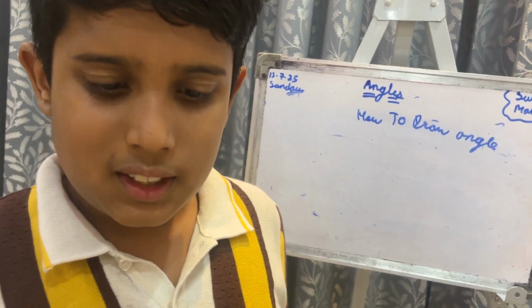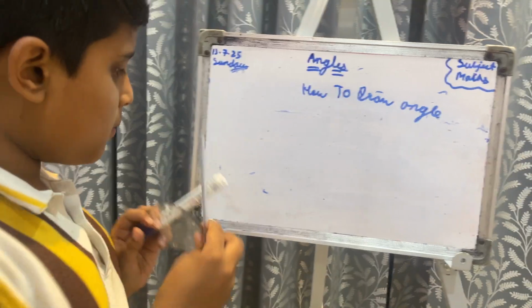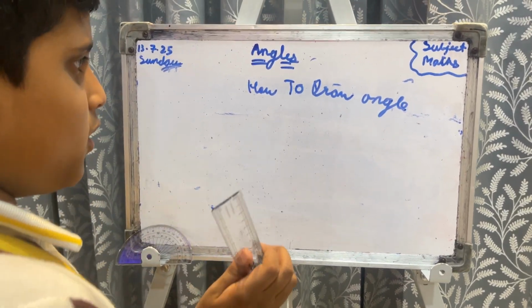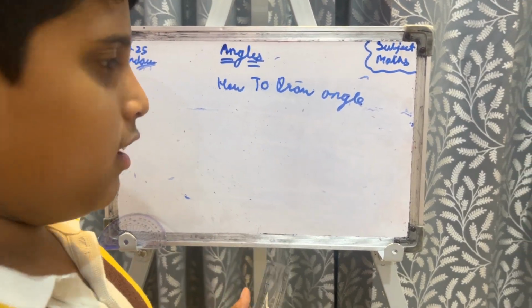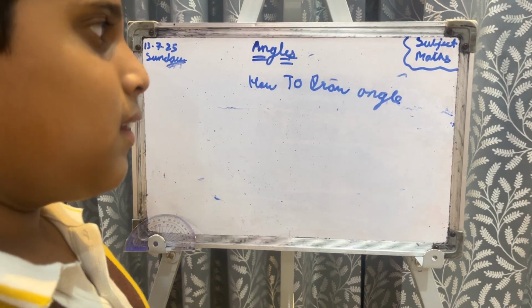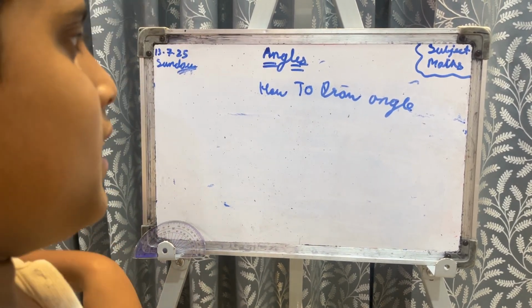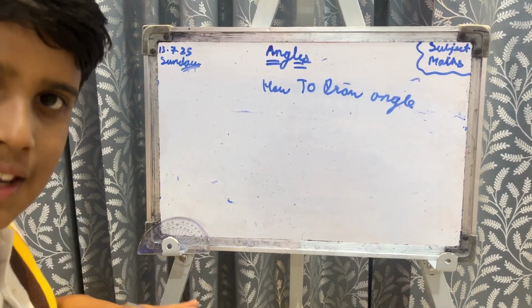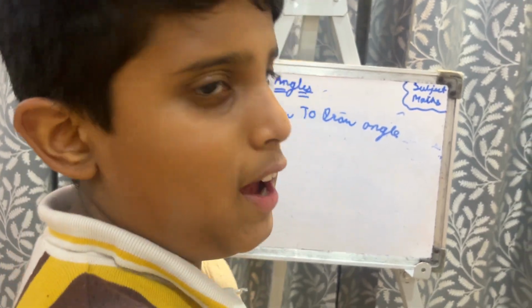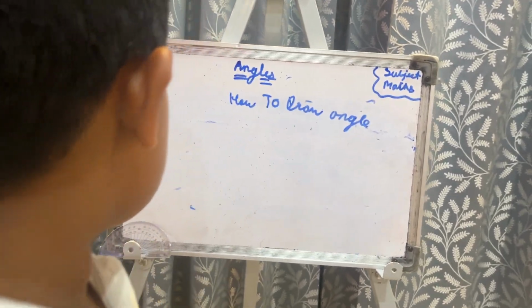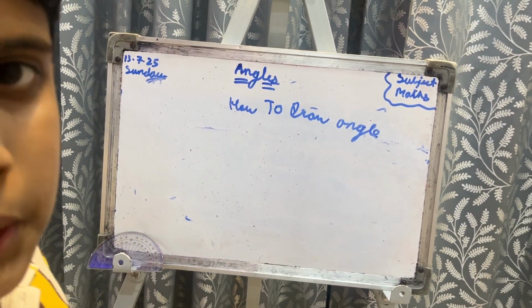If you have a protractor, take it out and keep it aside for a minute. First we will learn how to draw an angle. Then I will teach you how to measure an angle. Then I will teach you how to draw a particular angle with a particular degree.